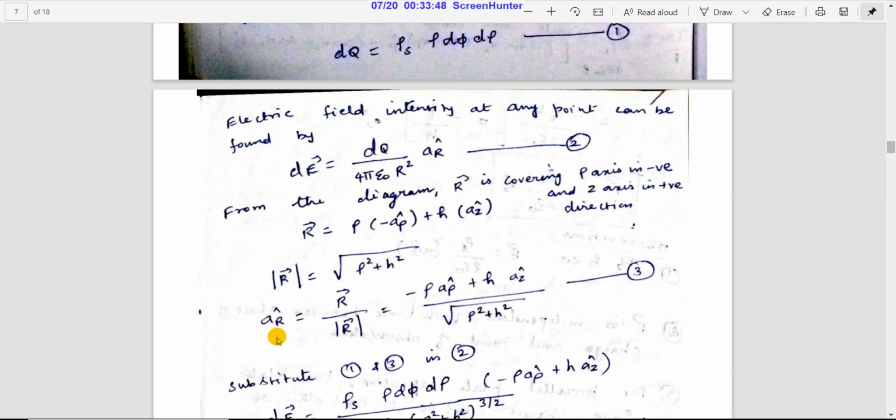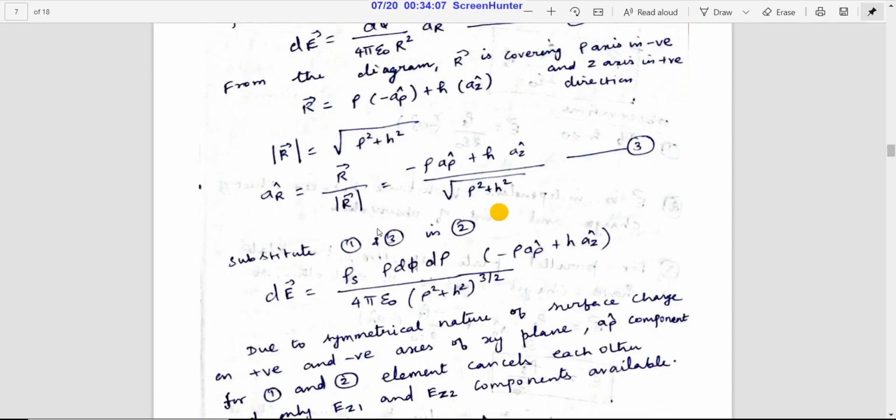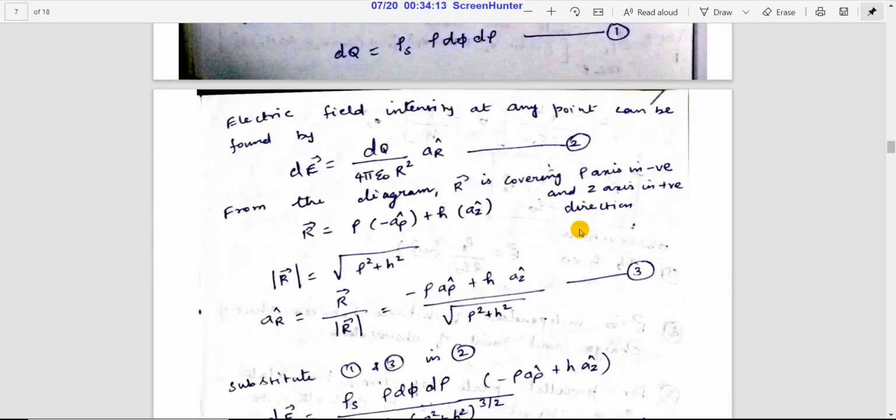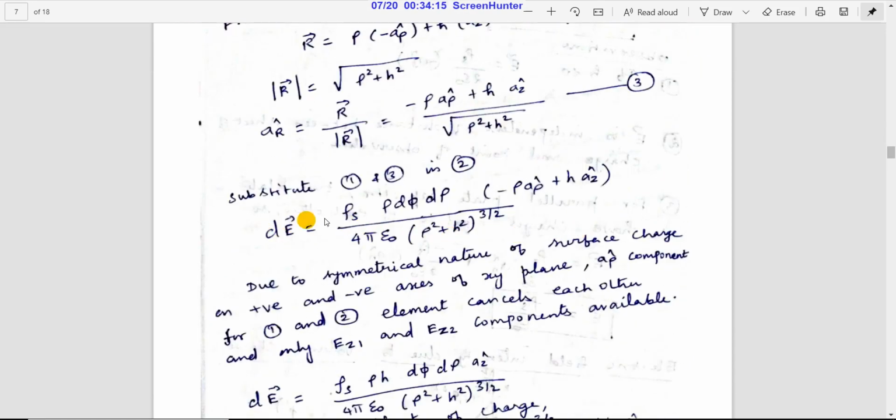So if you are going to measure a_r cap, the unit vector, r vector divided by magnitude of the r vector, we can write that as minus ρ a_ρ plus h into a_z divided by root of ρ square plus h square. So if you are substituting the 1 and 2 values in the second equation, then we will be getting the equation like this.